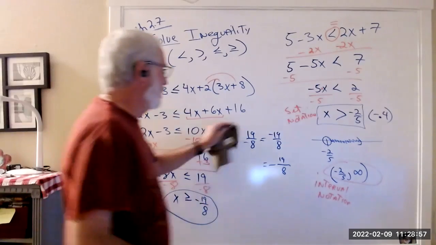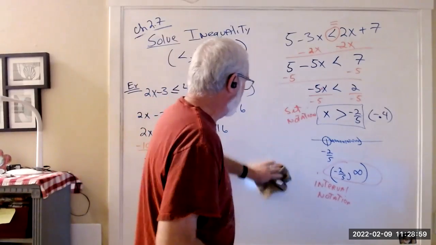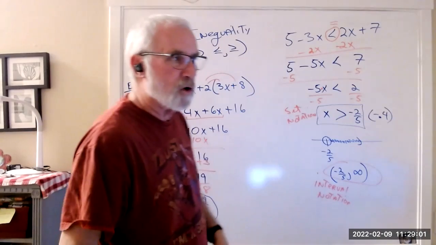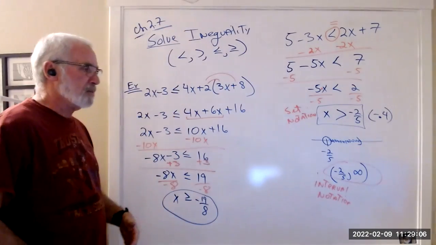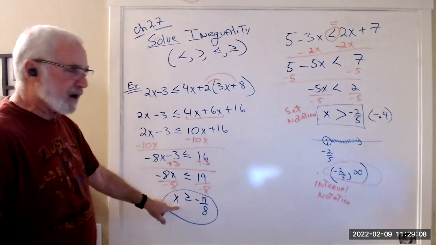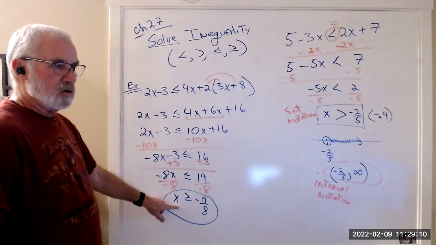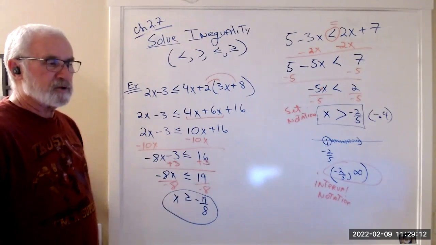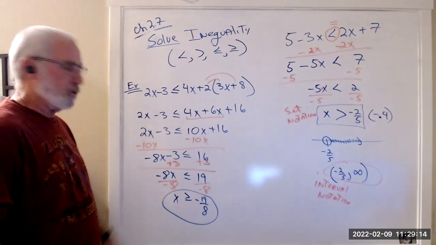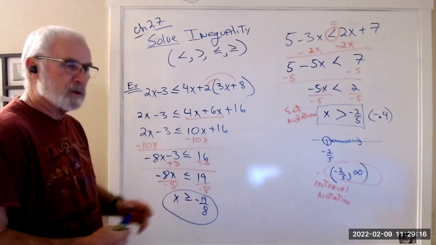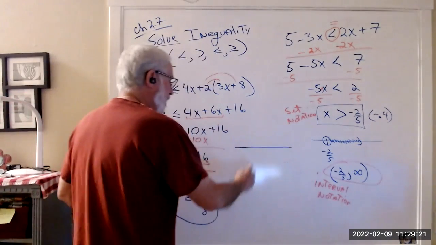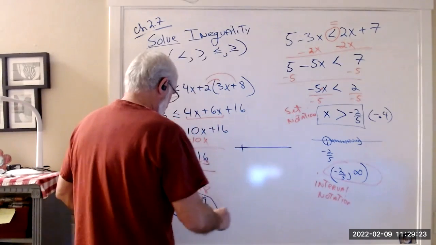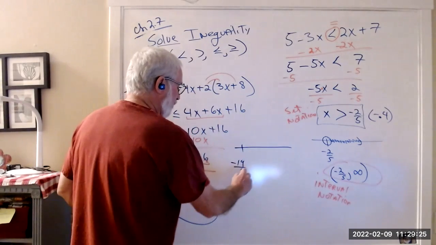All right, now, I always go beyond solving because you never know what questions mom is going to ask. What if mom says, graph the solution? Well, you've solved it algebraically. What would it look like on a number line? Somewhere out here, you'd have -19/8.